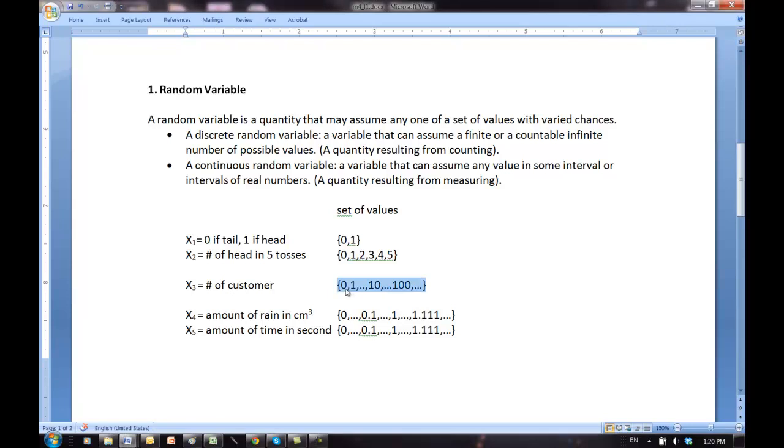In theory, the possible number in this set of values is infinity, ranging from 0 to positive infinity, with the only restriction that each of these values needs to be an integer, because we do not allow the definition of half a customer.